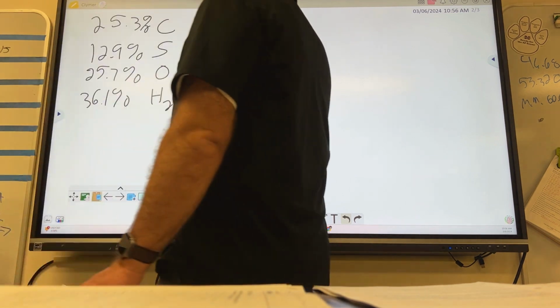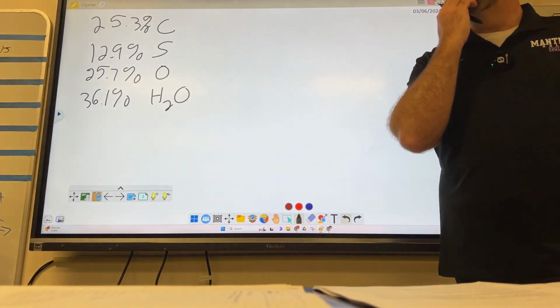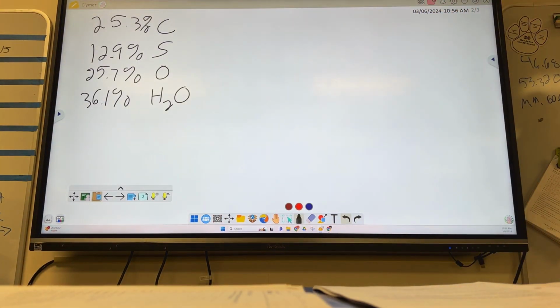Now, this one should have looked a little different. What was different about number 6? H2O. It listed water. In fact, it even has oxygen listed separately. Why didn't it list some extra oxygen and hydrogen separately? Why do you think? Because it is a hydrate, and the water is its own thing.